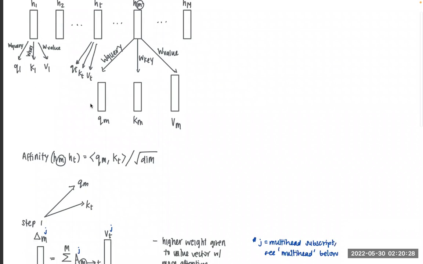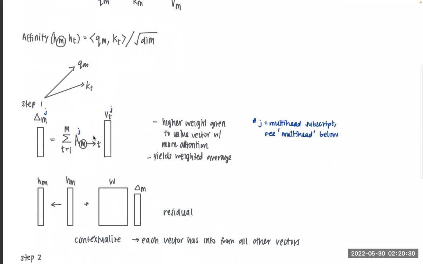Okay, and then you compute the weighted average of this VT, and this determines how much you want to change M. So if this is our delta M, then we change HM to HM plus a matrix times this delta M. So you see this residual type of parameterization. Delta M is the message you collected from all the other vectors, including yourself.